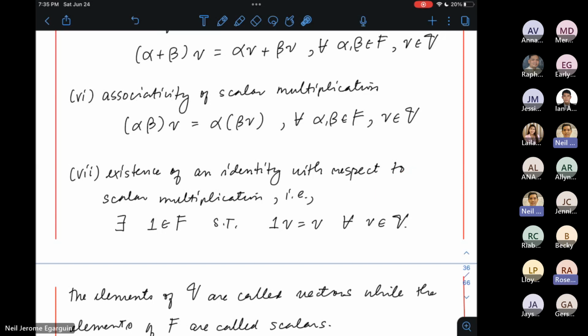We'll see all these properties in action later when we prove things. I think I have an example we'll prove, at least briefly, as examples of vector spaces. But what you primarily need is a field and a non-empty set.